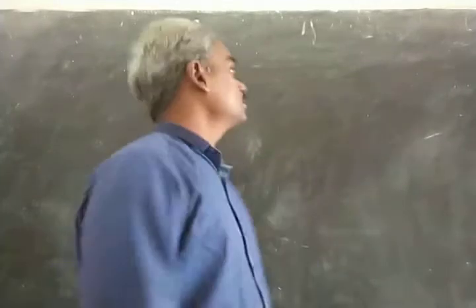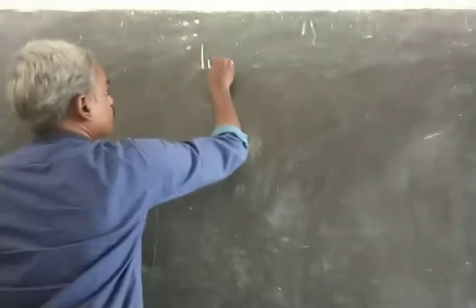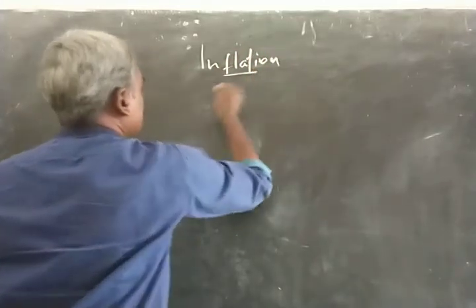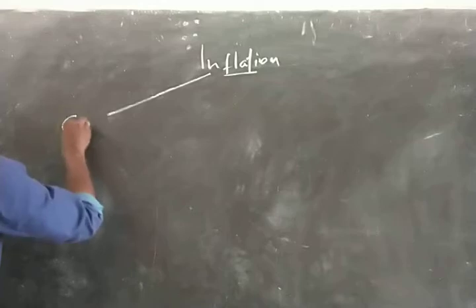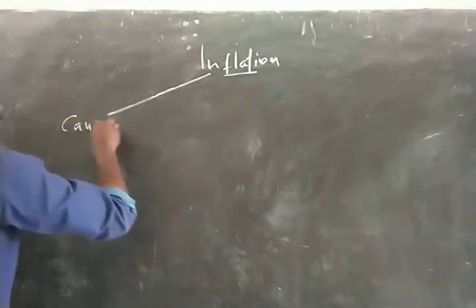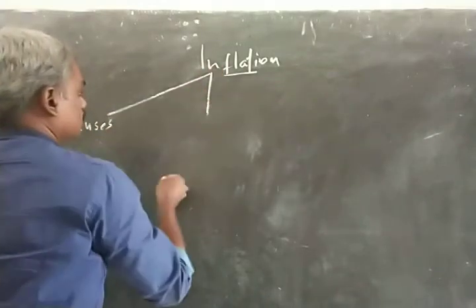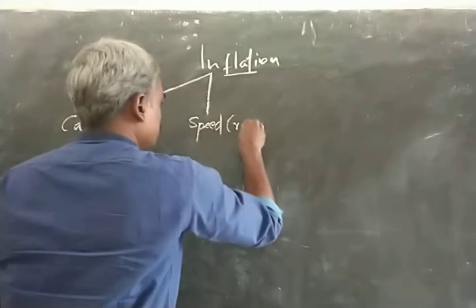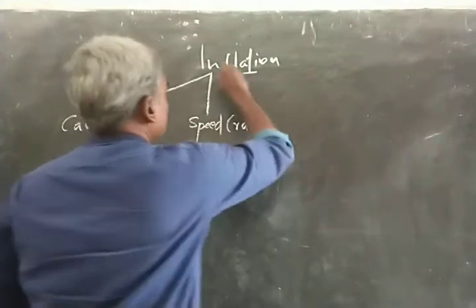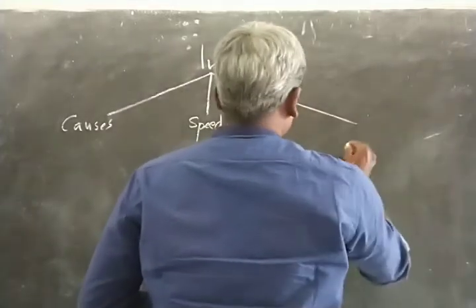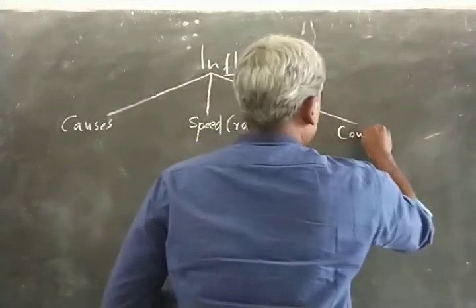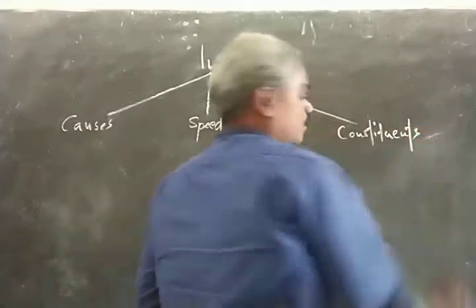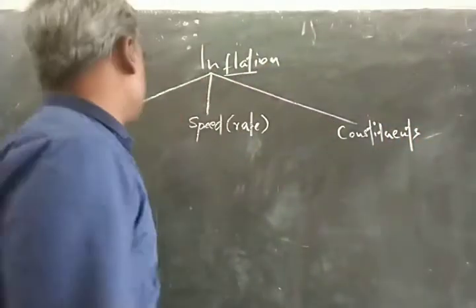So the types of inflation can be based on the causes, second on the speed or rate of inflation, and thirdly based on the constituents of the price index.